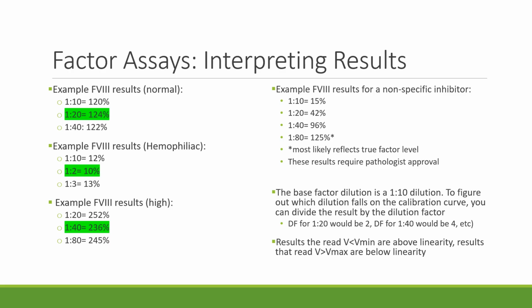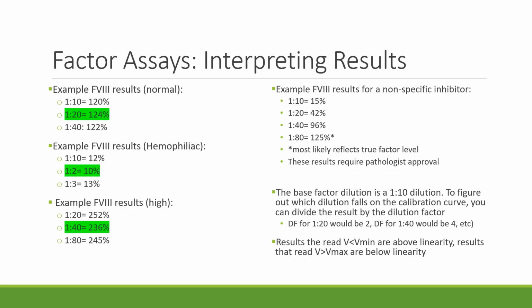This is an example of what we would see for when a non-specific inhibitor, such as a lupus anticoagulant, is present. As we get more normal, we would start to truly see this as probably the true factor level, and we would have to request approval from our pathologist to report these results.